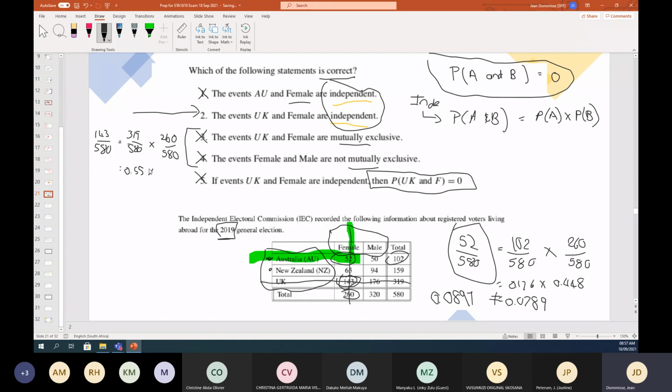We know that one was 0.448. So 0.55 times 0.448 gives us something like 0.246. And let's just divide 143 divided by 580. Okay, so this one is the correct one.